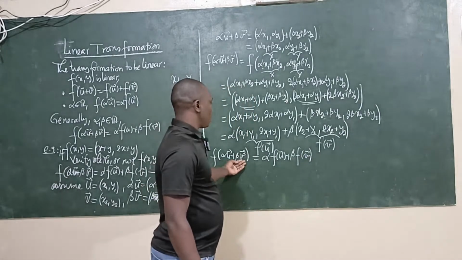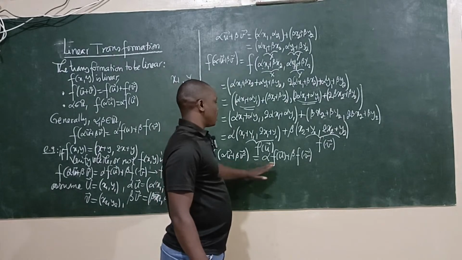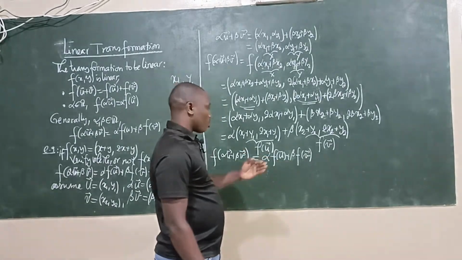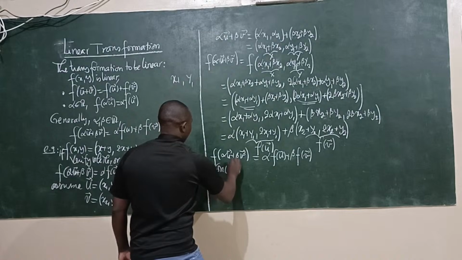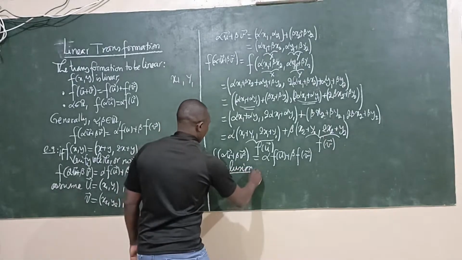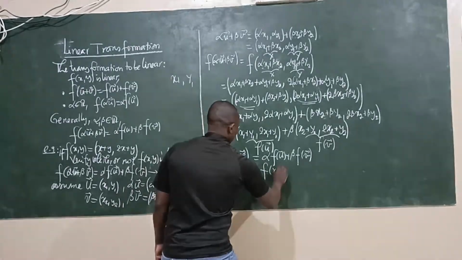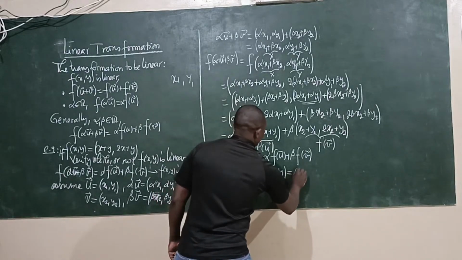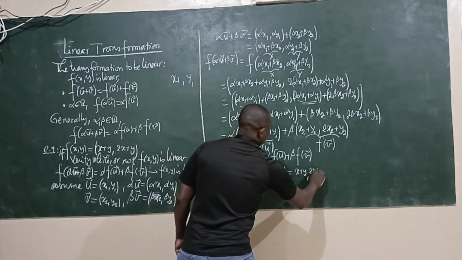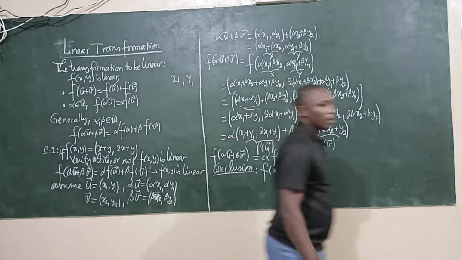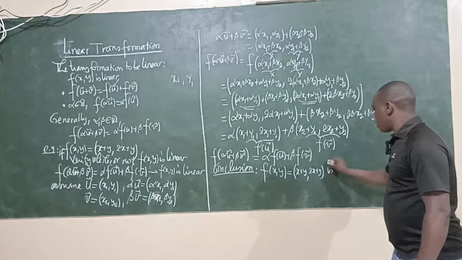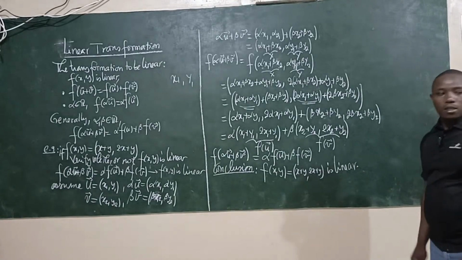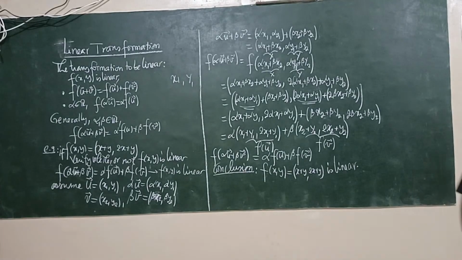Since this property holds, the left has the right like this, we conclude, f of xy, which is equal to x plus y, comma 2x plus y, is linear. In other words, the transformation is linear.